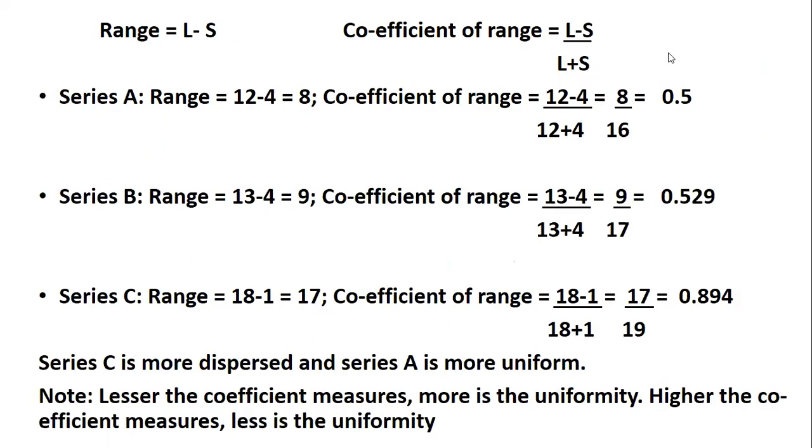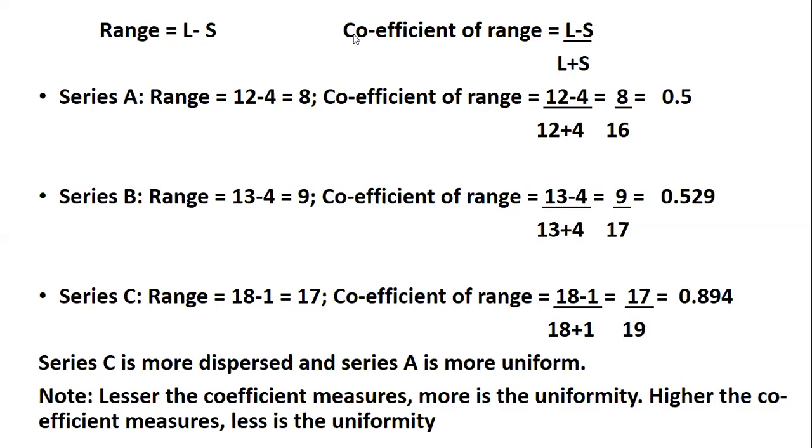Now, once you have calculated the range and coefficient of range, now see the coefficients here: 0.5, 0.529, 0.894. So out of three coefficients that you calculated, which is high in value? 0.894 is more in value for the coefficient.